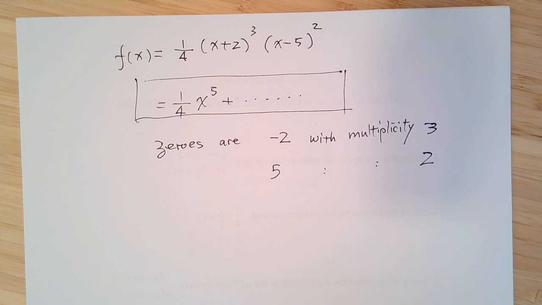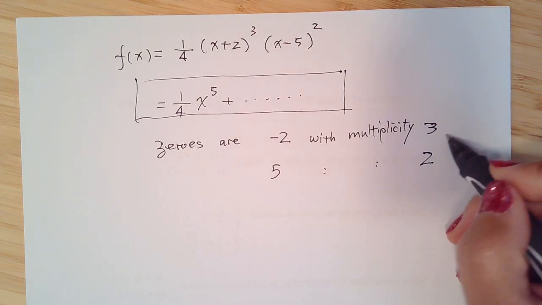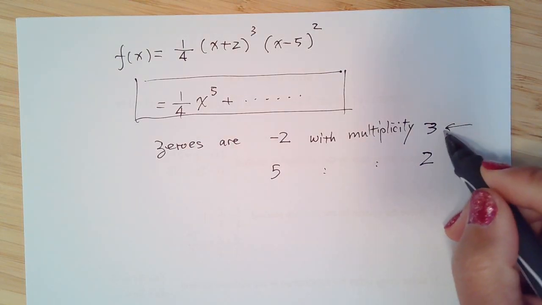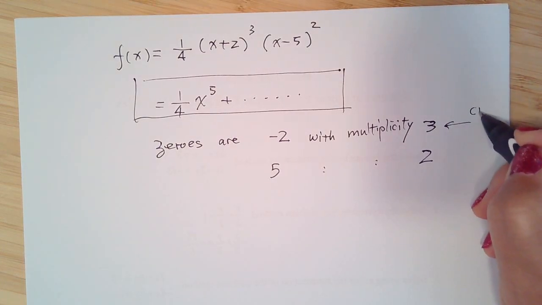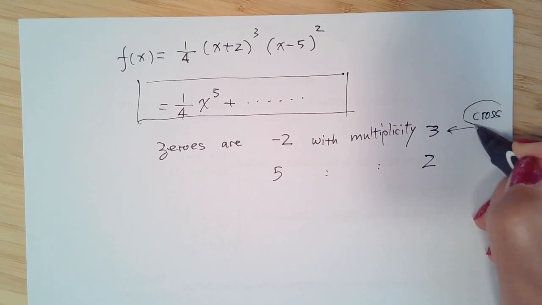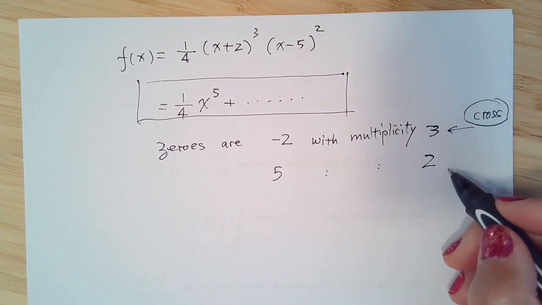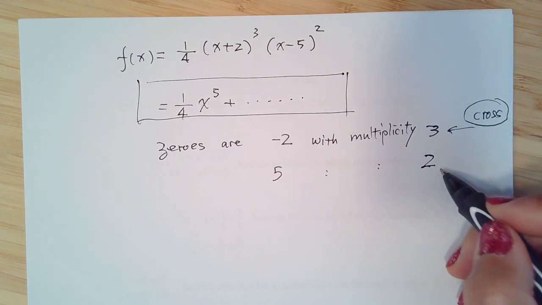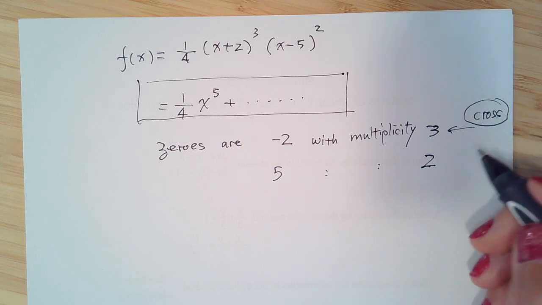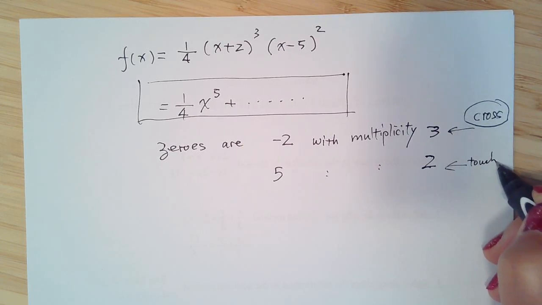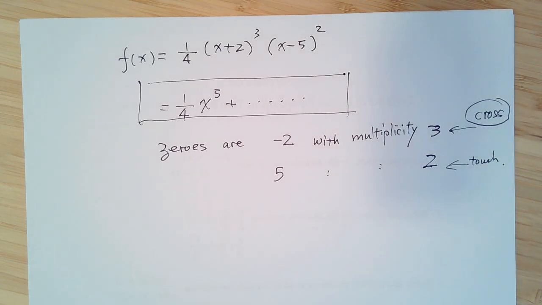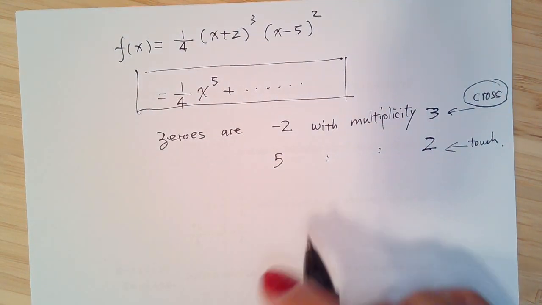Every time you hear multiplicity 1, 3, 5, if it's an odd number, it's going to cross the x-axis. If the multiplicity is 2 or 4 or 6, an even number, then it's going to just touch. Okay, so that's a little tricky part. You know what the graph of this thing looks like?